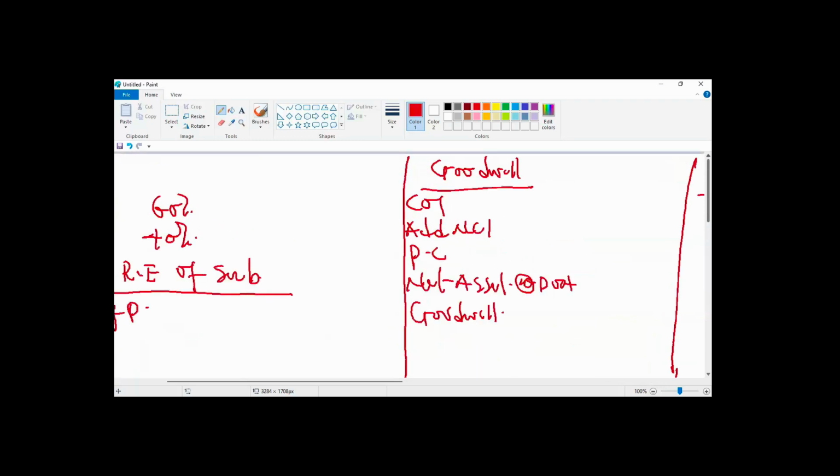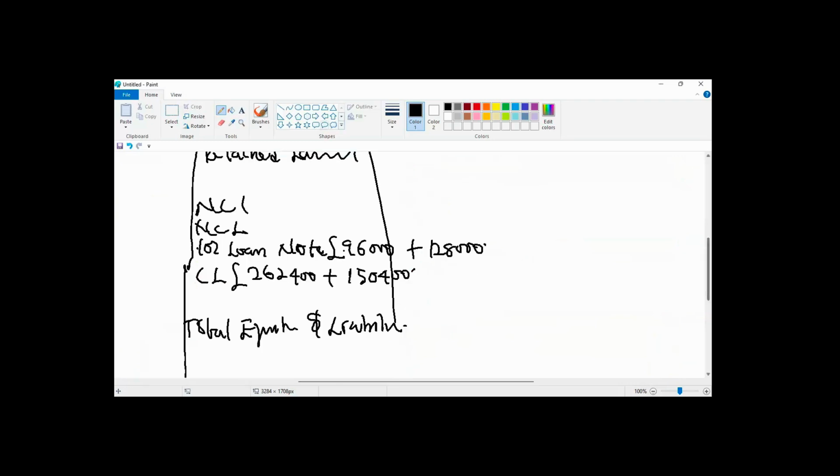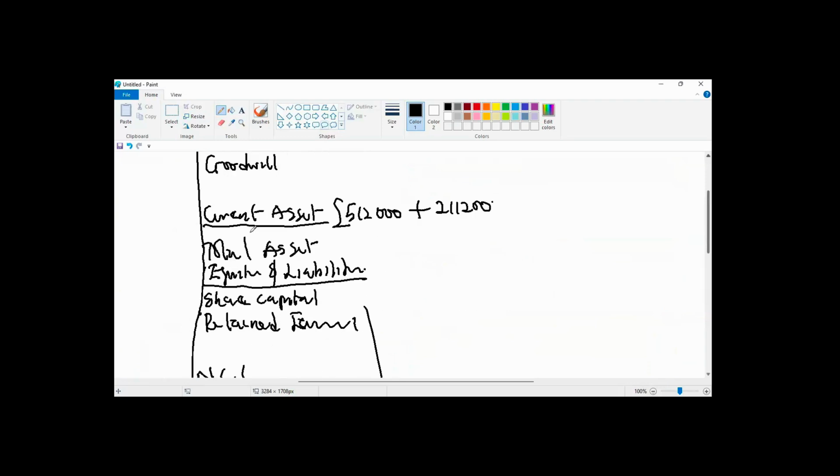Cost of investment 307,200. Equity shares will now be credited. I'll go to the share capital of the parent. What was reported for the share capital of the parent in the question? I'll pick from there. Share capital, what was reported, 320, plus 51,200.